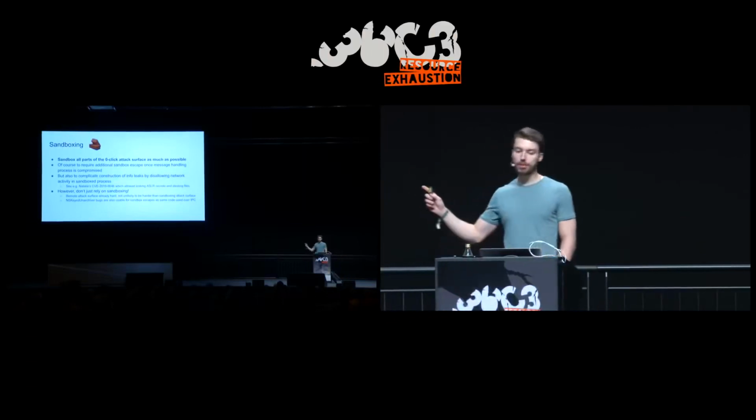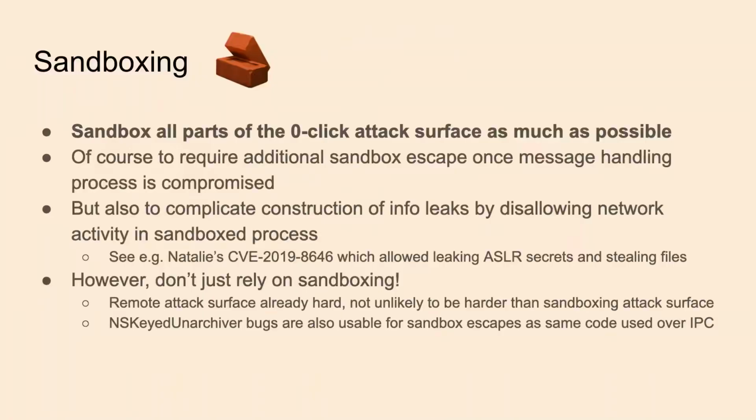There's a blog post about this one. She was able to cause Springboard to send HTTP requests to some server, and those would contain pictures, data, whatever. If Springboard would have been sandboxed to not allow network activities, this would have been much harder. So sandboxing is not necessarily just about this second breakout.